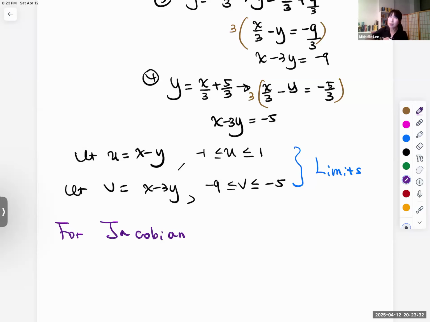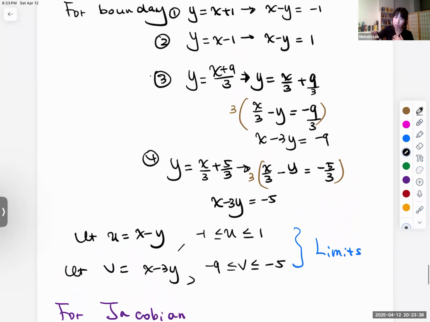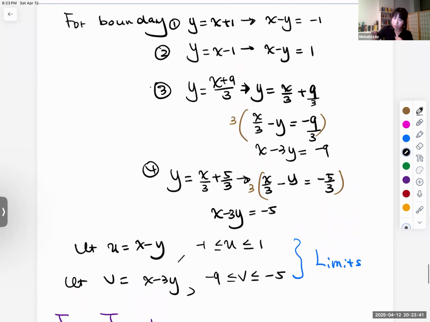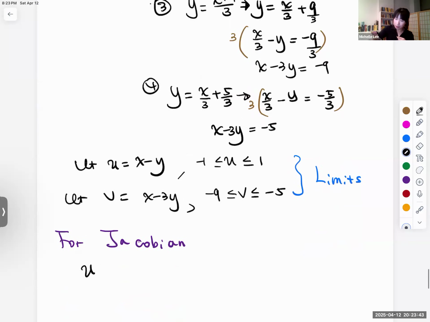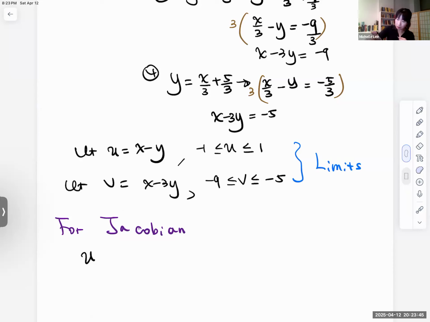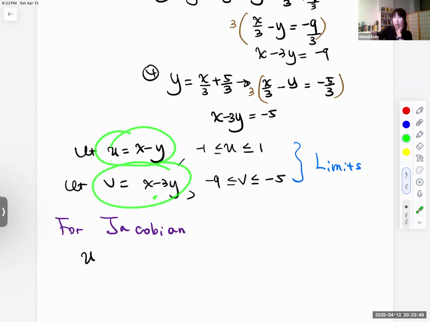Okay. So we have u equal to x minus y. So I am using this one. And v equal to x minus 3y. And then we want to solve for x, and then we want to solve for y, so that we can take the partial derivatives.